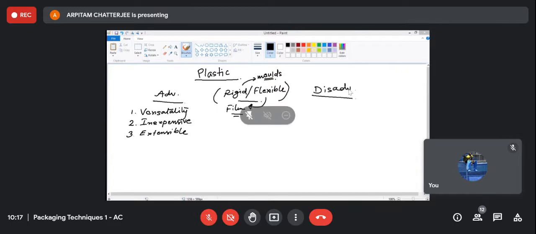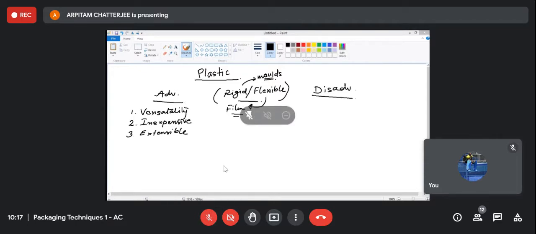Okay, so that is one of the important things, and that's why we can call it very extensible. You can extend it. It's not that it has been formed like this, so it should remain like this. Say for example polyethylene, or one which is very commonly used, that is polyethylene or PP.